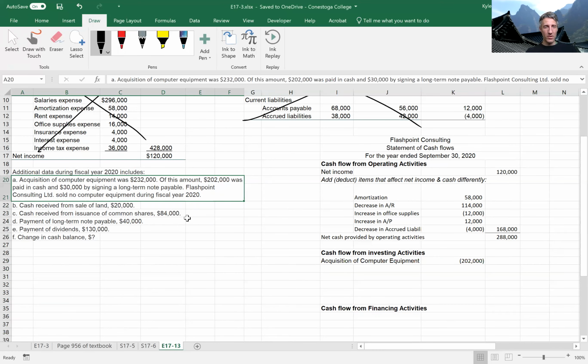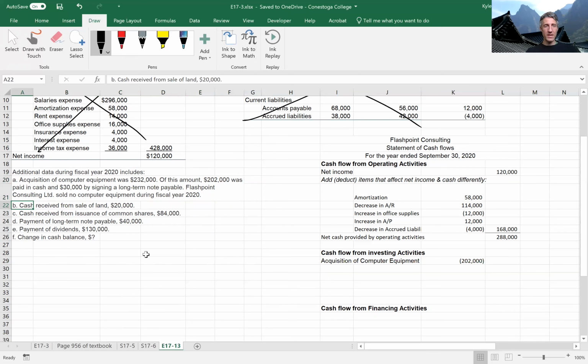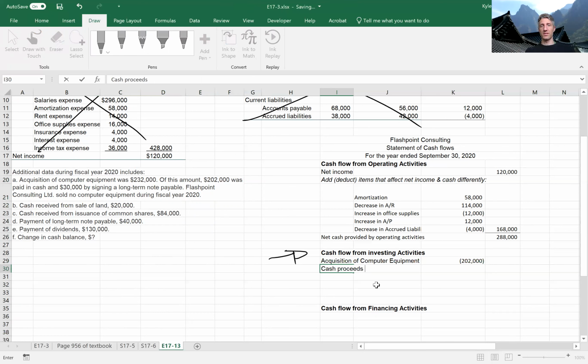So that's part A. Part B, cash received from the sale of land. So whether you're either purchasing or selling assets is included within this investing activity section. So cash proceeds on sale of land, and it was 20,000.